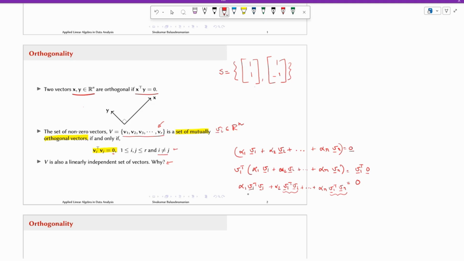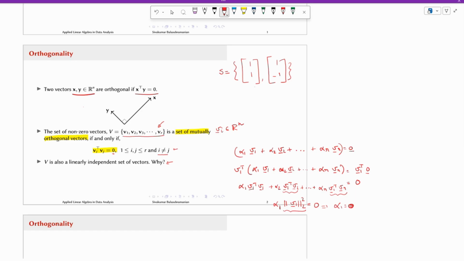What you're left with is alpha 1 times the Euclidean norm of v1 squared. The Euclidean norm of v1 is not zero, so the only way the left hand side and the right hand side will be equal is if alpha 1 is zero. So this shows that alpha 1 has to be zero.